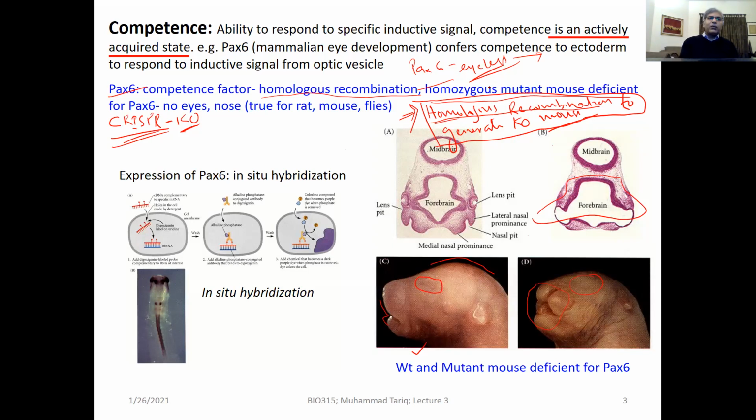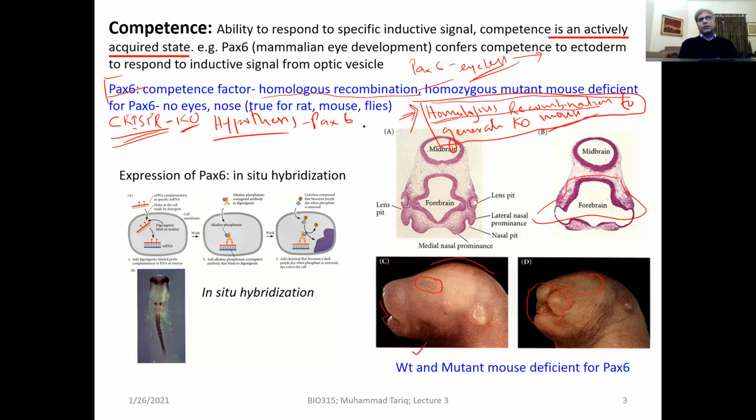So let's say our hypothesis is, and pay attention to everything I'm talking about, that PAX6 is a competence factor.